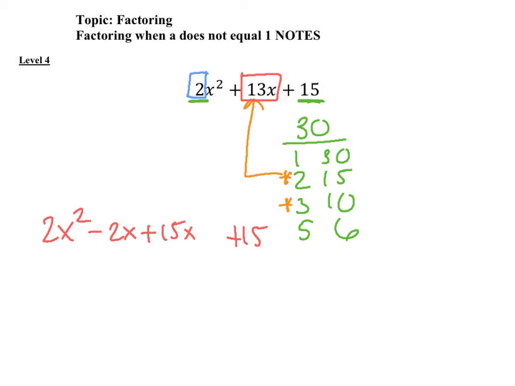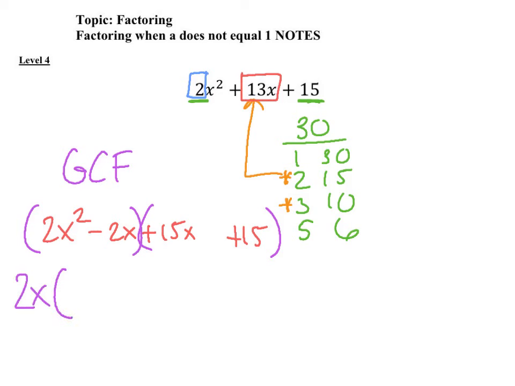So now, I'm going to do what's called grouping. I'm going to group the first 2 terms together and the second 2 terms together. And then I'm going to find the GCF of both of these polynomials. So for the first one, I notice that a 2 is in common as well as an x.